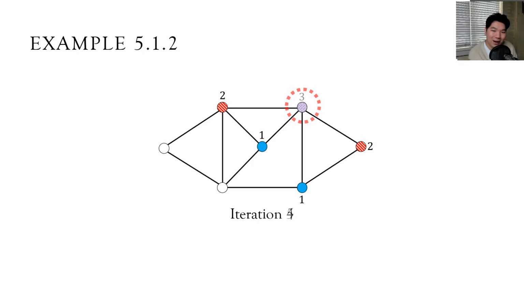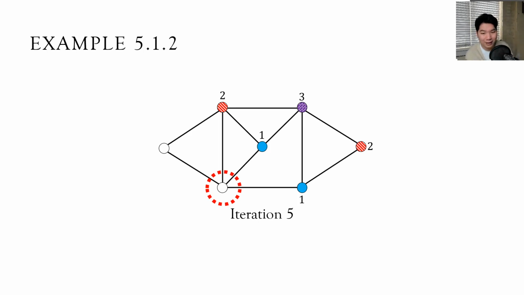In this case, I will add the color 3, which looks like this purple brick pattern that I have here. So this is what I mean where we're checking the least colors, and I try to use my least colors until I have no choice but to add a new color. That completes iteration 5.